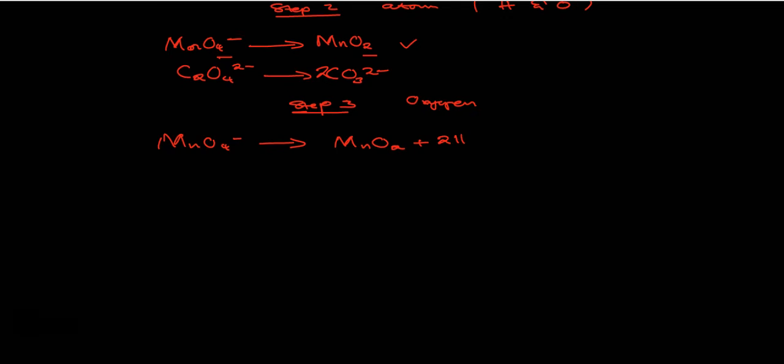Plus 2 molecules of water, H2O. Then here we have 4 molecules of oxygen, and here we have 6. So we are going to add 2 here, 2 molecules of oxygen, so that we may make 6.